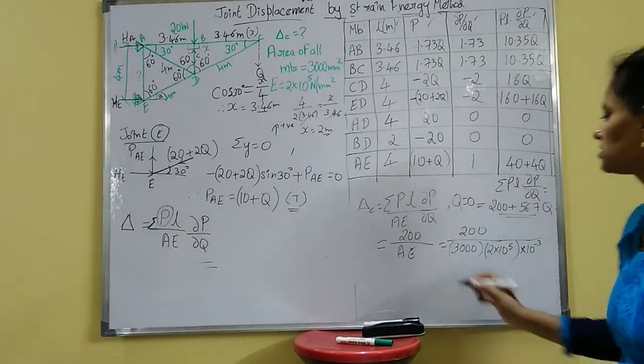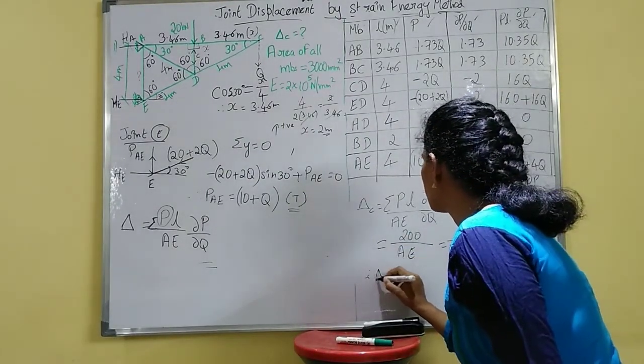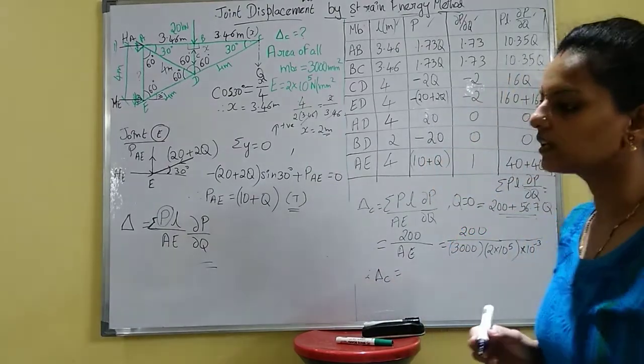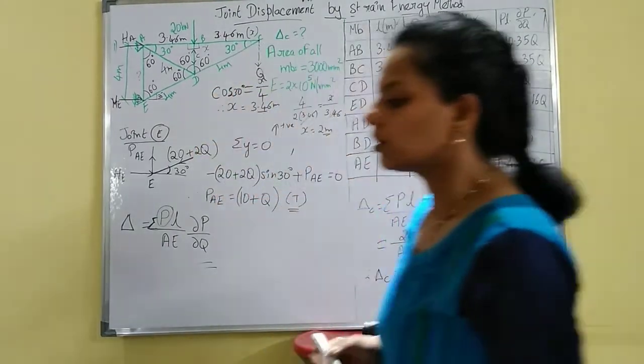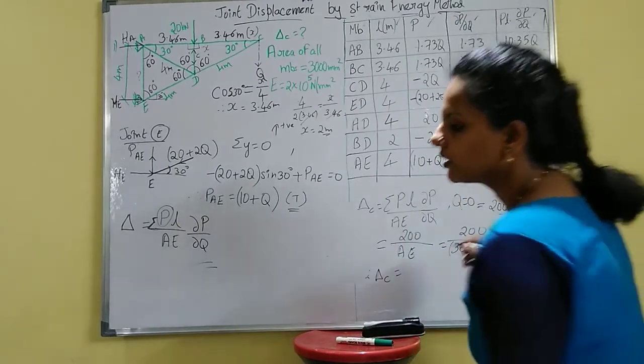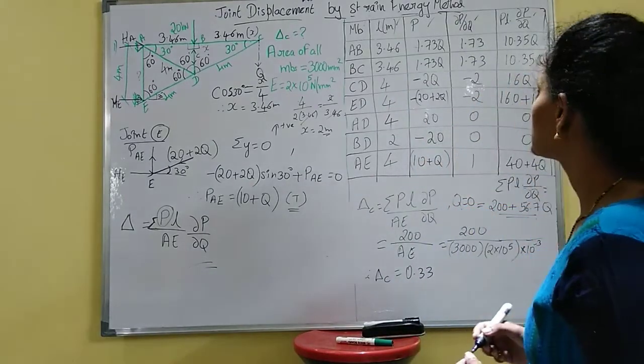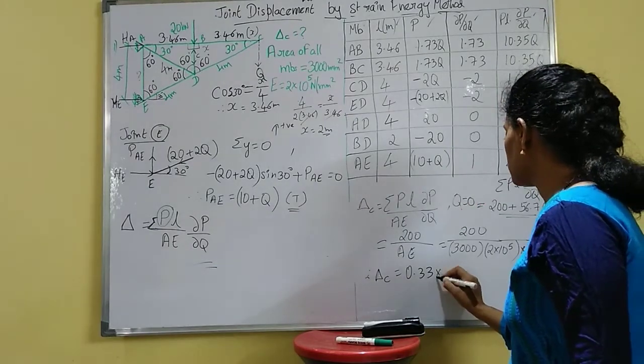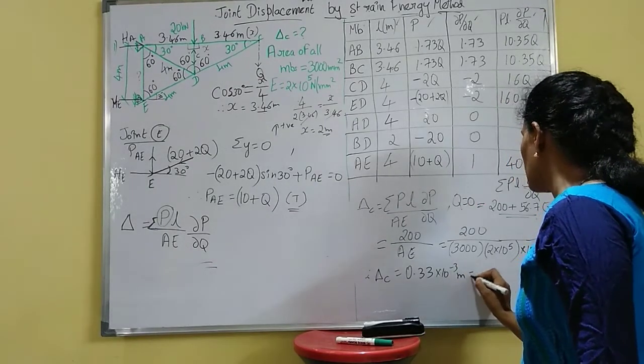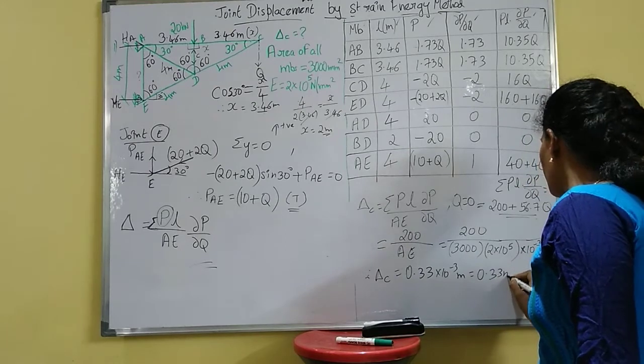Okay, just simplify and get the value of delta C. Delta C is 0.33 into 10 power minus 3 meter, you will have 0.33 mm.